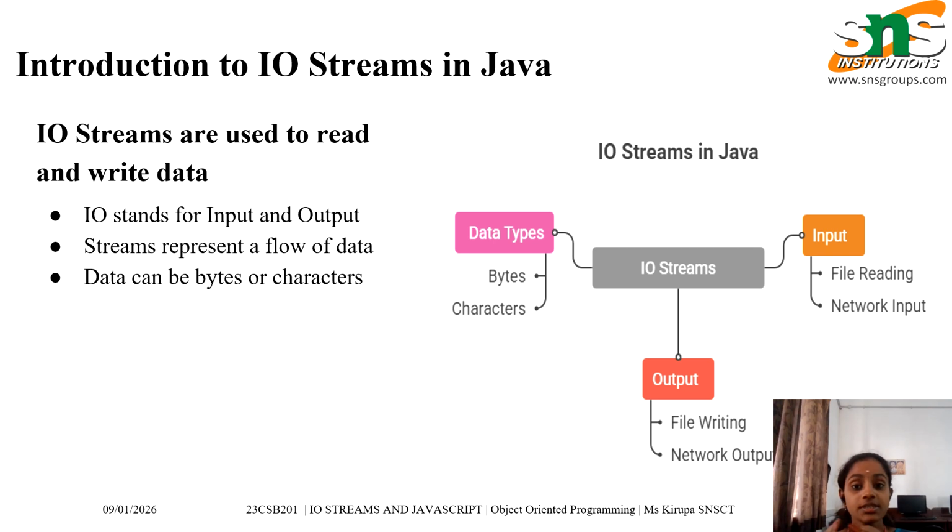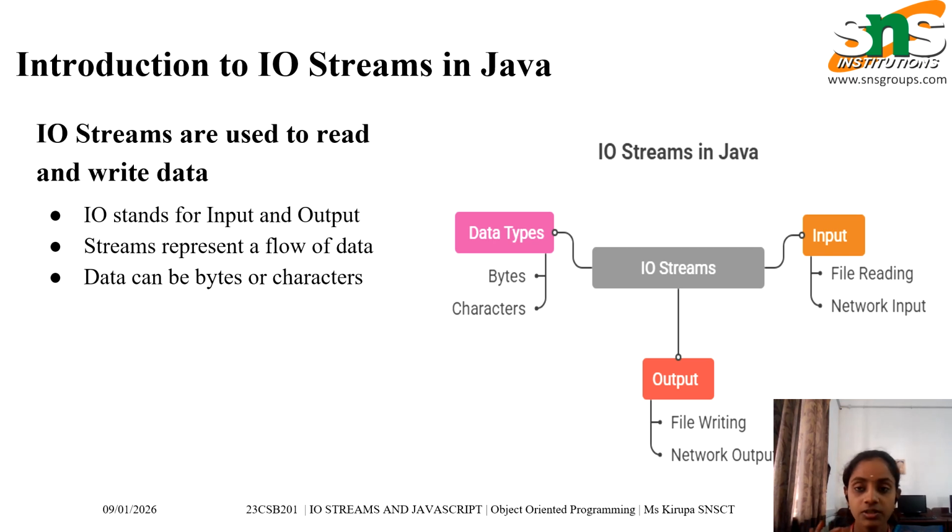A stream is a sequence of data, and the Java IO package provides a set of classes for managing these operations effectively. The core concepts here are input stream, output stream, and sequential access.